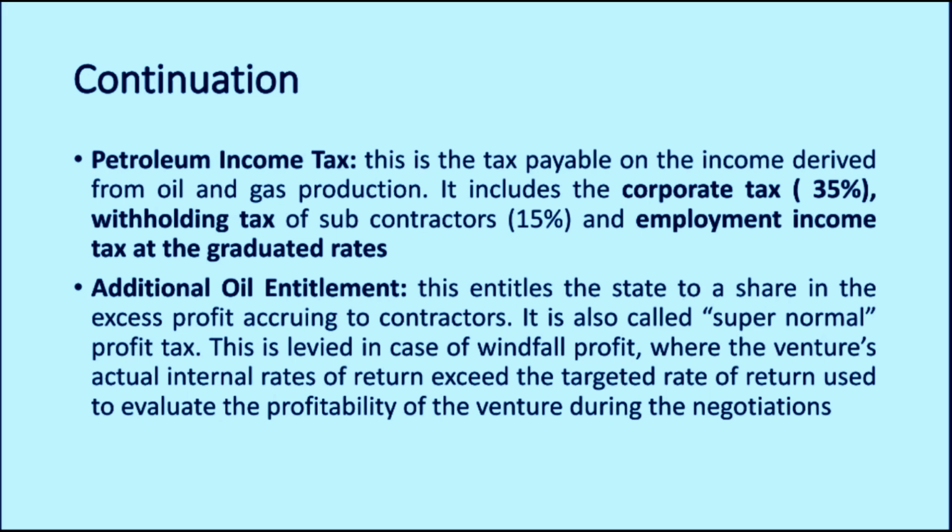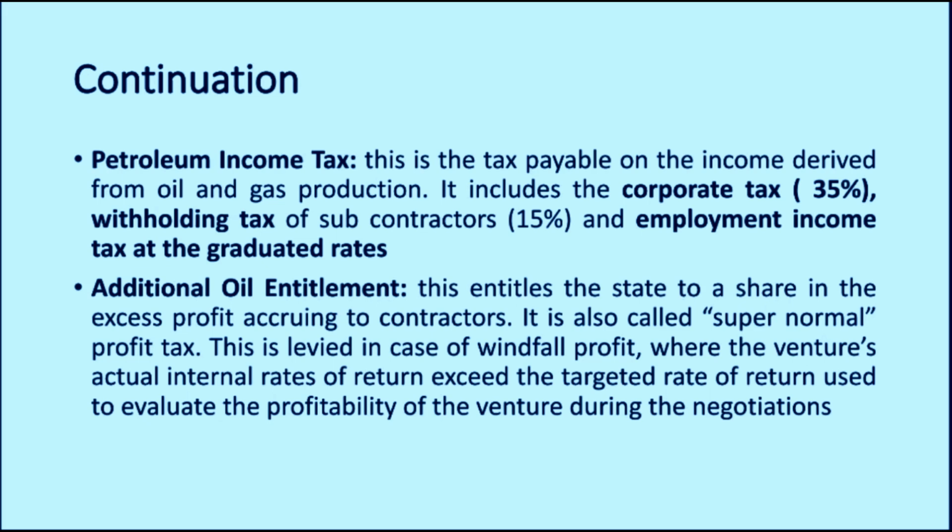Now, the next type is a windfall tax, which we call additional oil entitlement. This entitles the state to a share in the excess profits accruing to the contractors. It is also called supernormal profit tax. This is levied in case of a windfall profit where the venture's actual internal rate of return exceeds a target rate of return used to evaluate the profitability of the venture during negotiation.